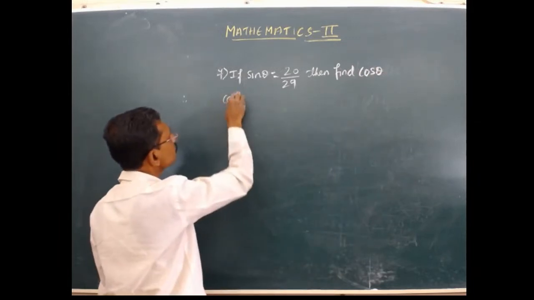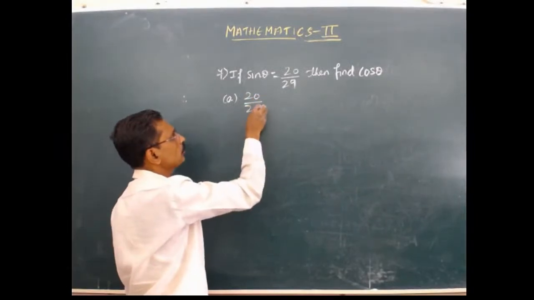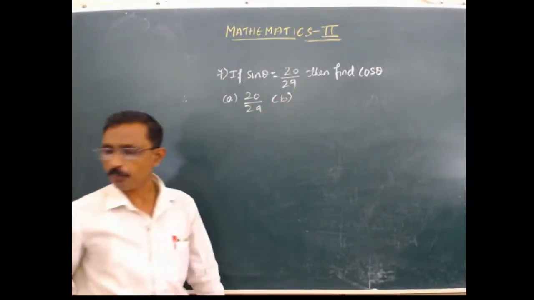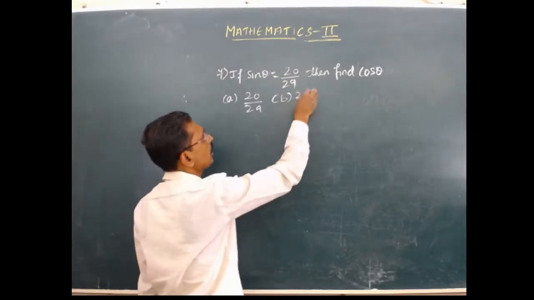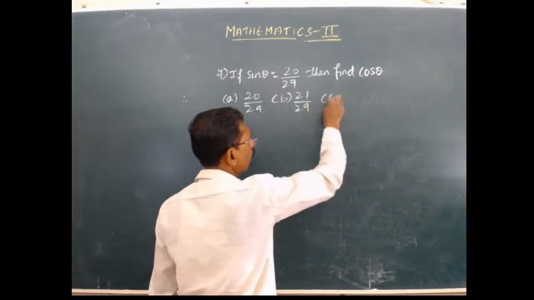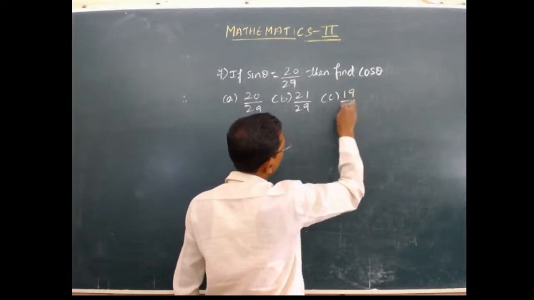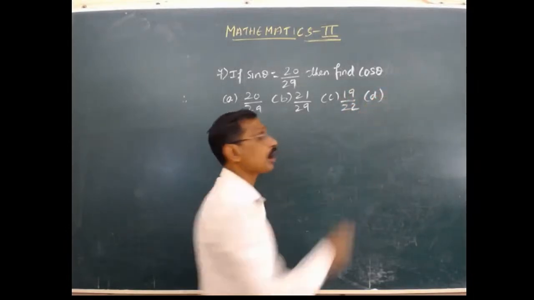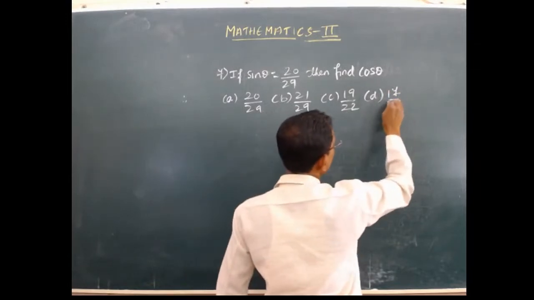And the options are: option A is 20 upon 29, option B is 21 upon 29, option C is 19 upon 22, and option D is 17 upon 20.